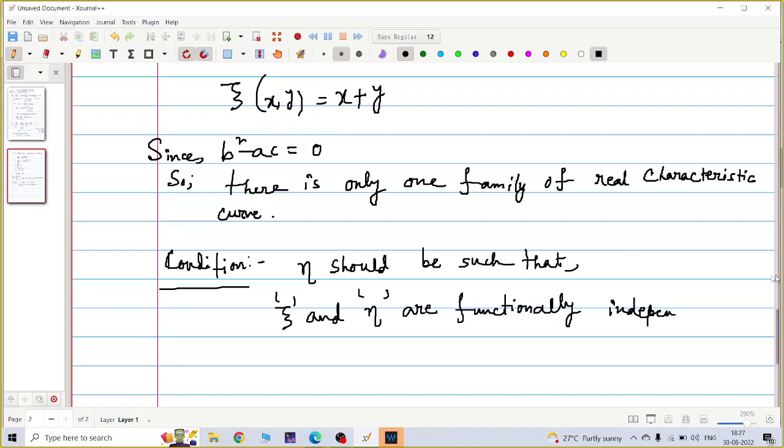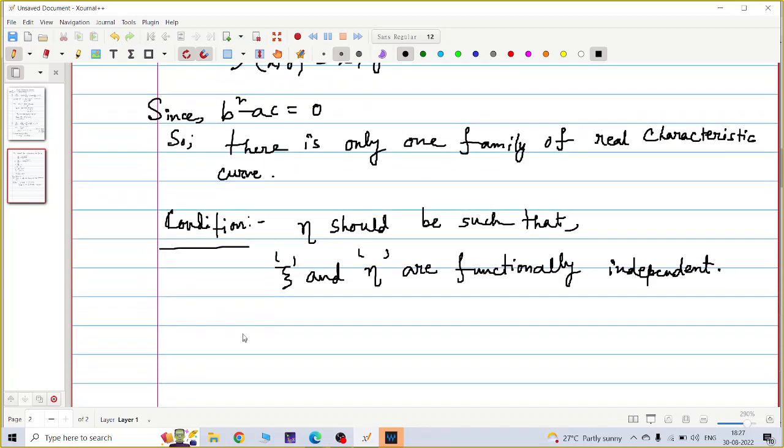That means there is no functional relation between xi and eta. That means xi is not a function of eta, any function. Or you can say the reverse also: eta is not a function of xi. Something like that.